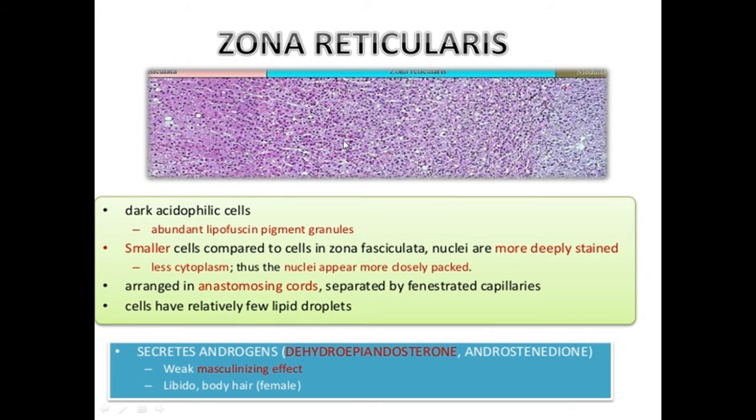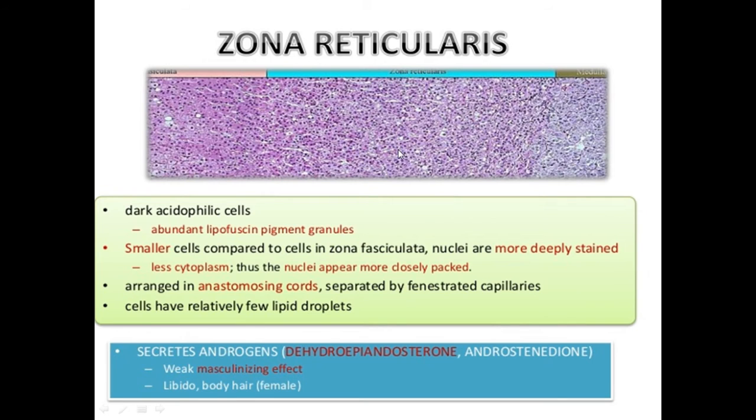They are again rounded or polyhedral cells, but smaller, with a cellular volume smaller than the fasciculata and the glomerulosa. The nuclei are darker, and the cell may contain abundant lipofuscin pigmented granules.